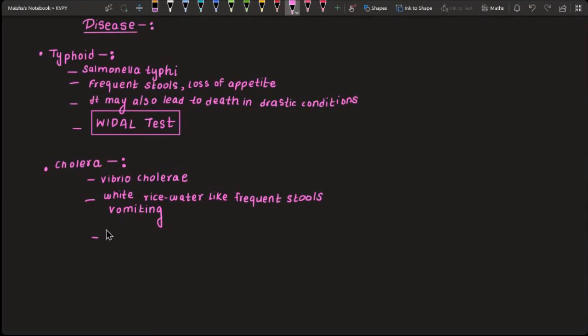There is no particular test like typhoid which is performed to detect cholera, but microscopic examination of stools and vomit can be considered as a diagnostic test for cholera.